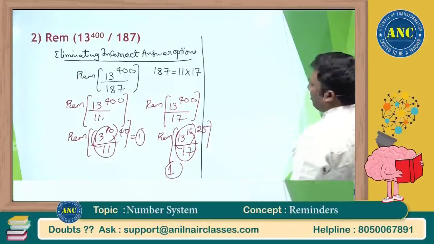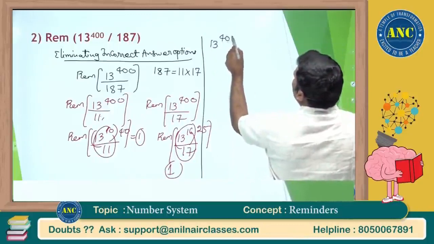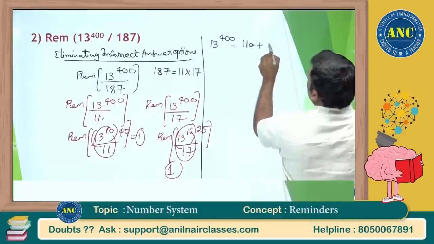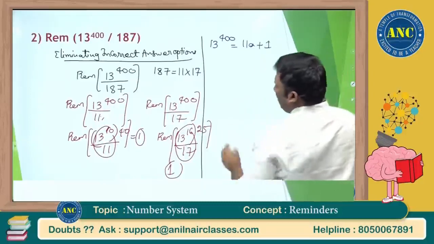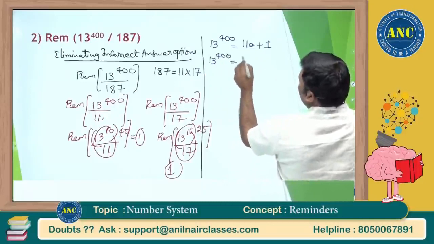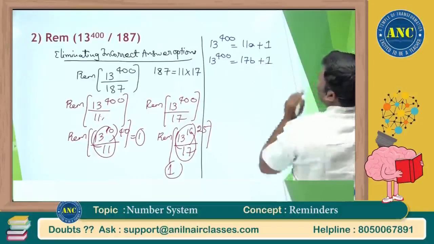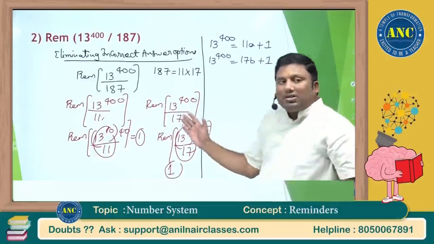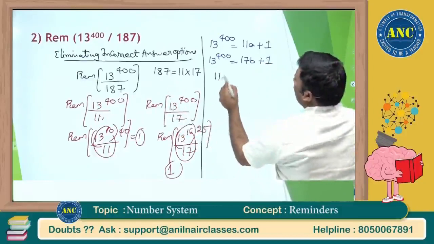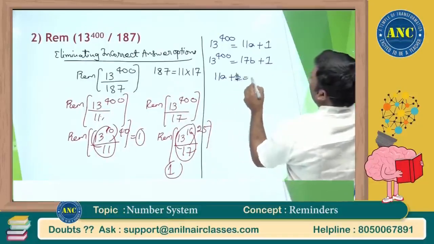Eliminate the answer options. Why is it behaving like that? Let me prove it. 13 power 400, when divided by 11, the remainder is 1. When divided by 17, the remainder is 1. Both are representing the same number, 13 power 400, so you can equate them: 11a plus 1 equals 17b plus 1.